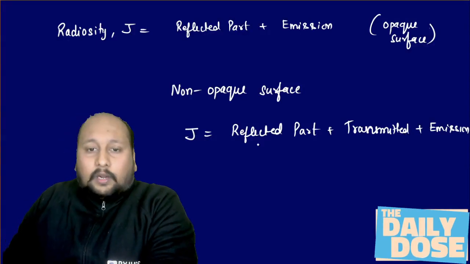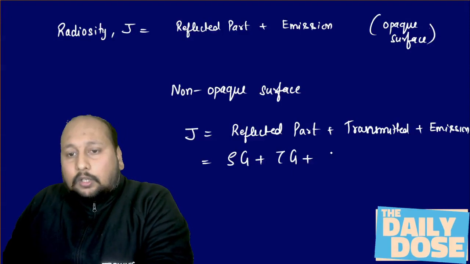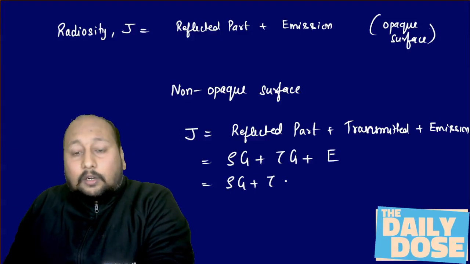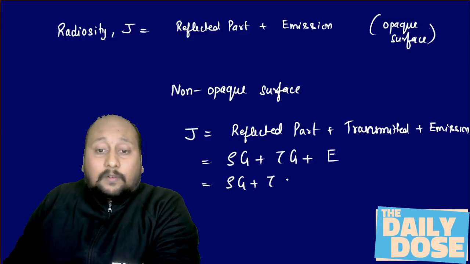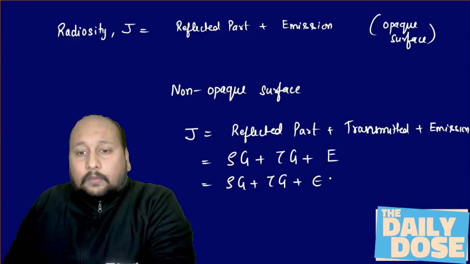If I want to write it in simpler terms, it will be rho into G plus tau into G plus your total emission, that is capital E, or I can say this is rho into G plus the transmitted part, where tau is transmissivity, into G plus epsilon into sigma T to the power 4.